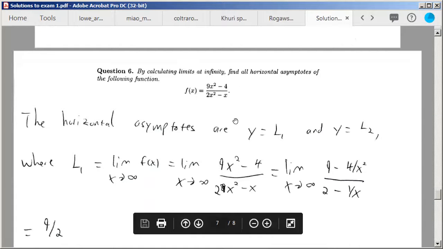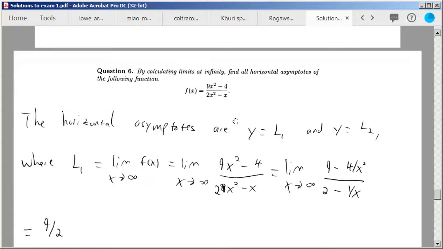Question 6. So what are the horizontal asymptotes? The possibilities for horizontal asymptotes are the limit as x goes to infinity and the limit as x goes to negative infinity. You'll see me state that, and that is something I asked for in the rubric too. I asked you to tell me what it is you're looking for, like find the horizontal asymptotes.